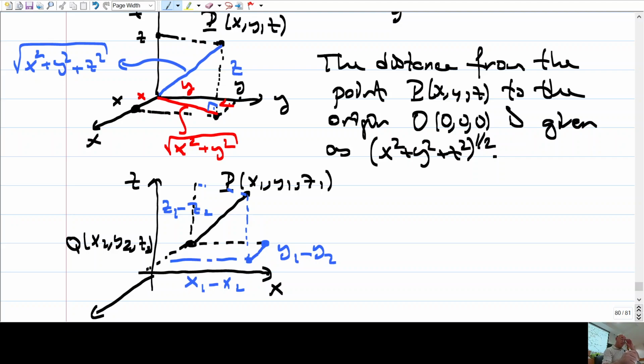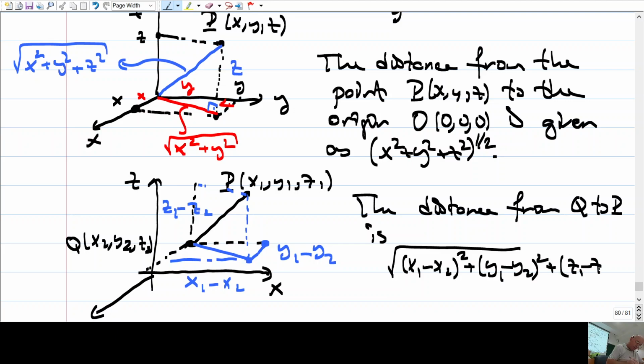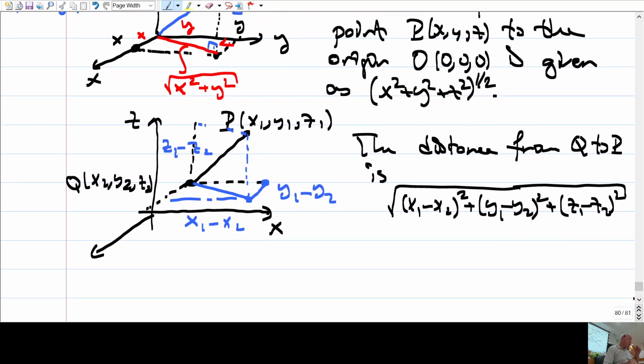So the same picture, but I take the origin at the point Q. The same consideration implies that the distance from Q to P is the square root of x1 minus x2 squared plus y1 minus y2 squared plus z1 minus z2 squared.